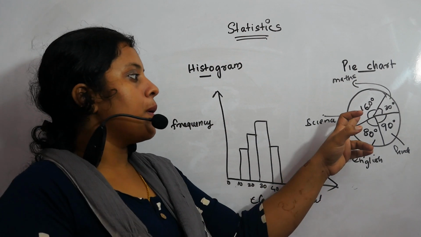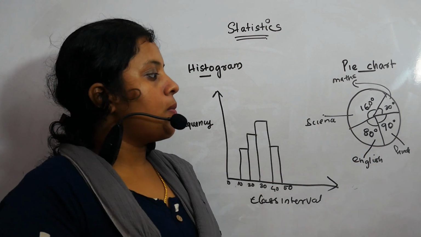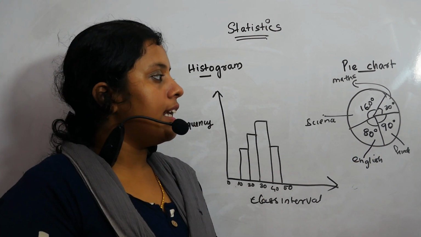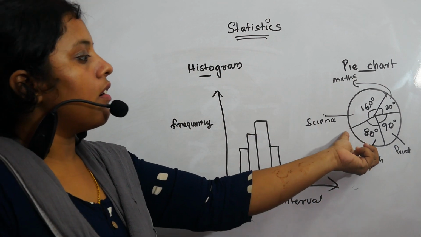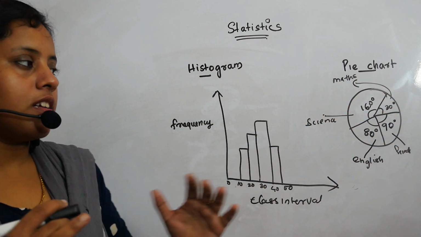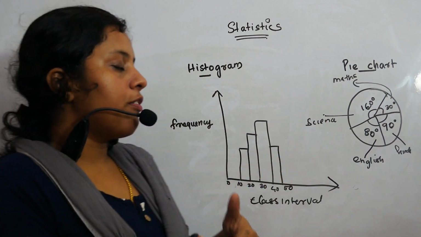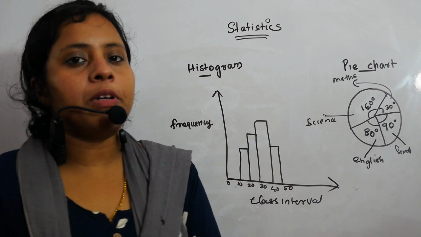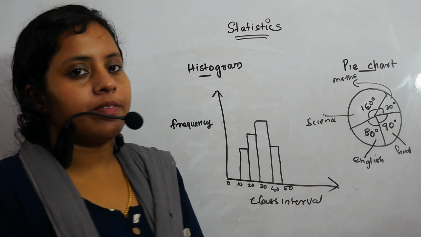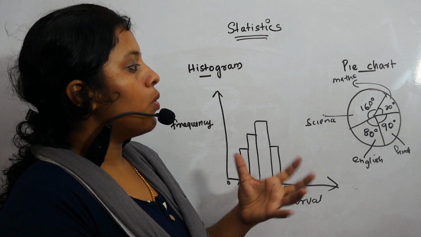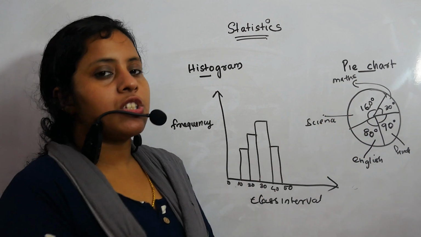So 160 people have passed in science, 80 in English, 90 in Hindi, and so on. Each angle represents each set of people or number. So we convert the number of people or things, or even population, into degree measure and draw a pie chart.